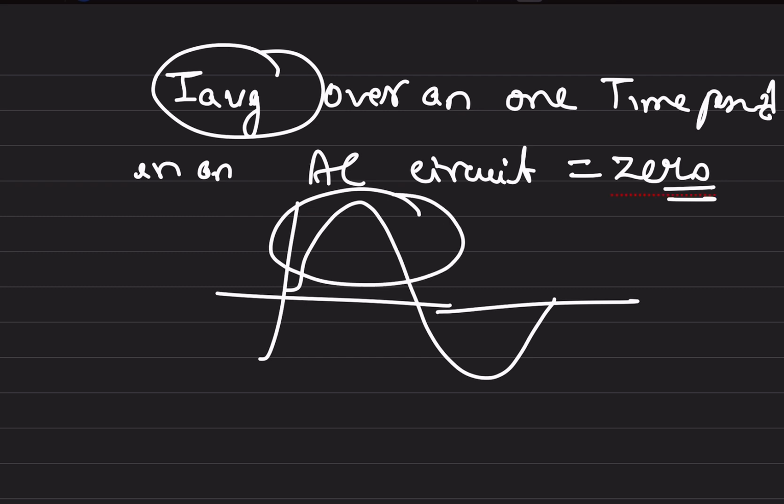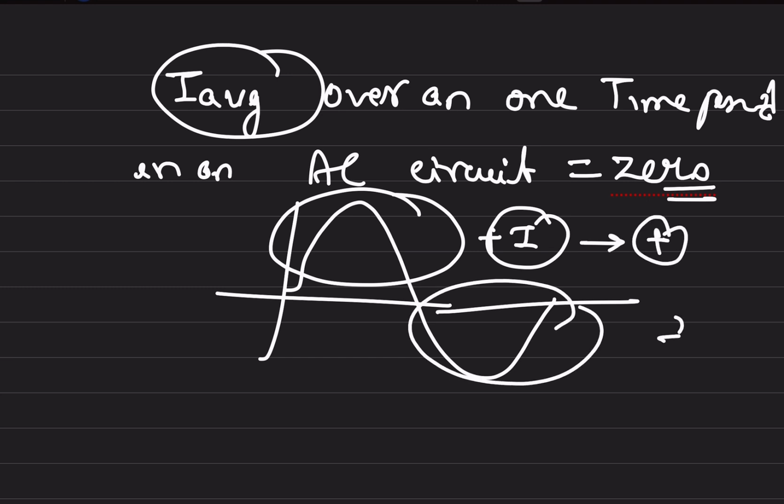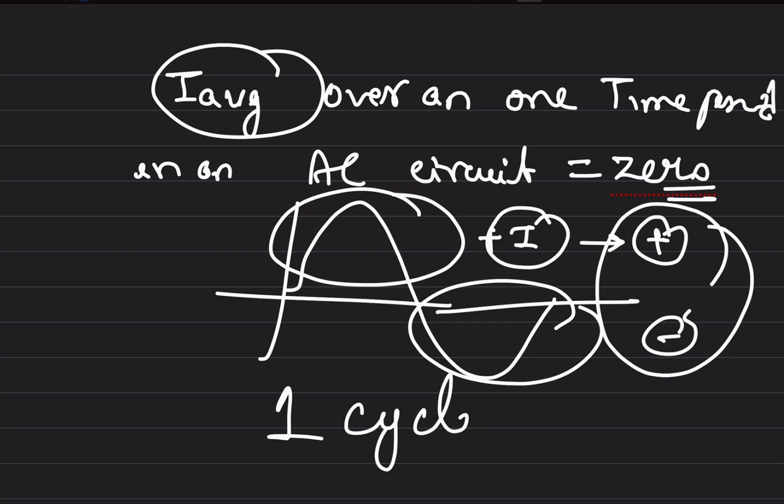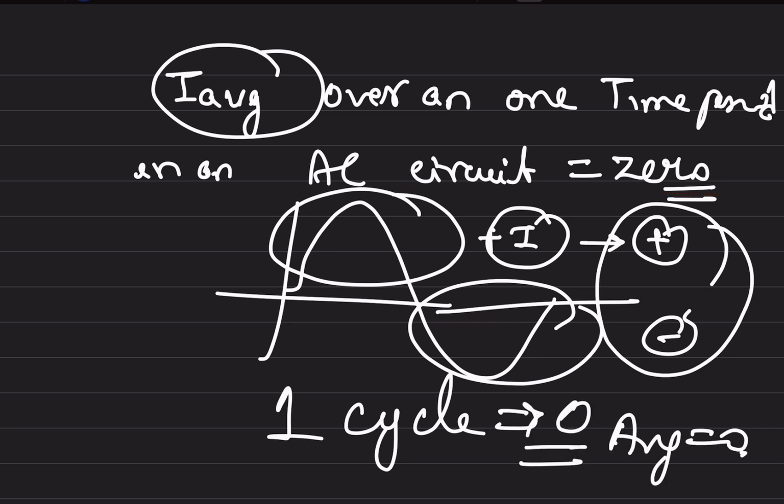Suppose the magnitude of current will be plus I in the positive half, and in the other half it will be minus. If we add both in one cycle, it is equal to 0, so the average value is 0. In an AC circuit, since in the positive half it has plus magnitude and in the second half negative magnitude, combined it is equal to 0.